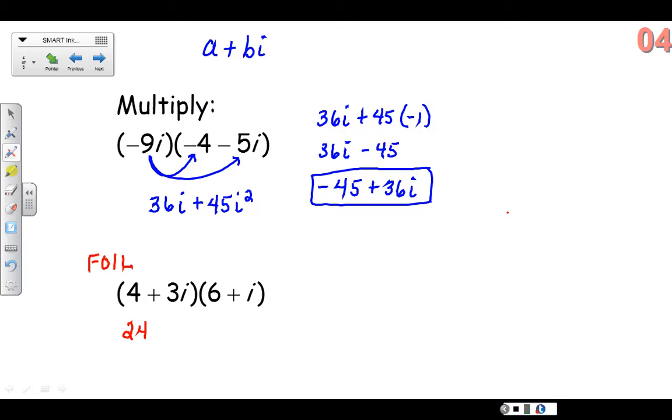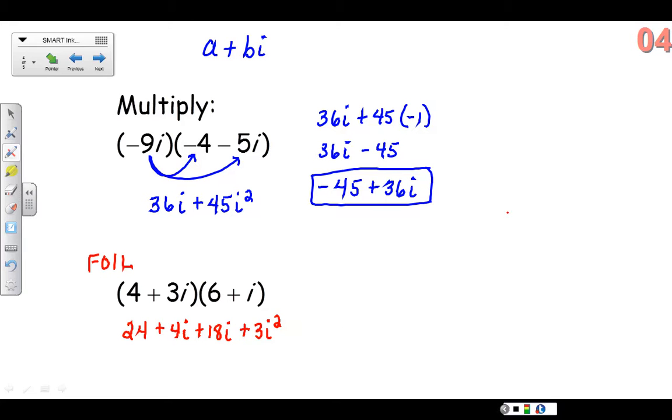Outer terms, 4 times i, so positive 4i. The two inside terms, that's 3i times 6, so that would be 18i. And then last, the last term times the last term, 3i times i, so that's going to be plus 3i squared.